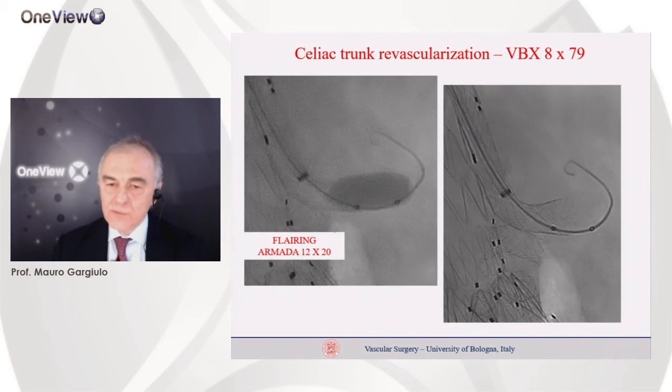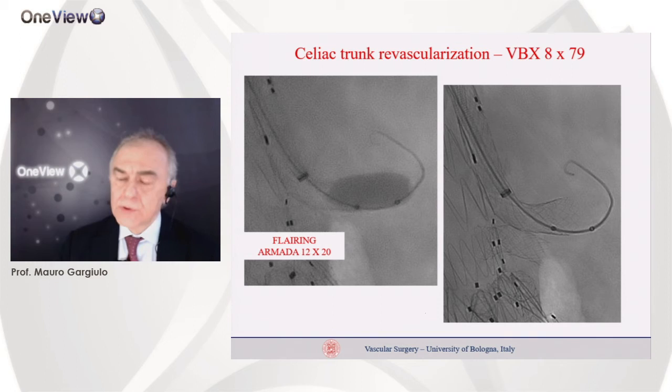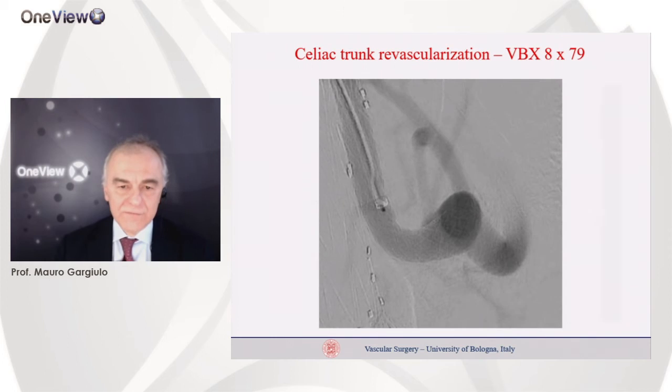Then we decided to flare even the distal segment, and you know that the VBX is a flexible stent. It's possible to make a post-dilatation with adaptability of the stent graft to the artery, and you can see on the right side the different morphology of the distal landing zone of the VBX.